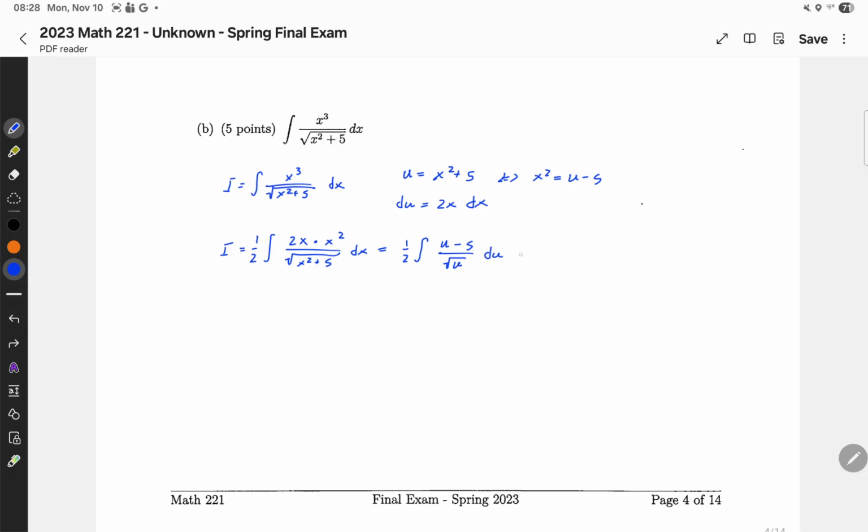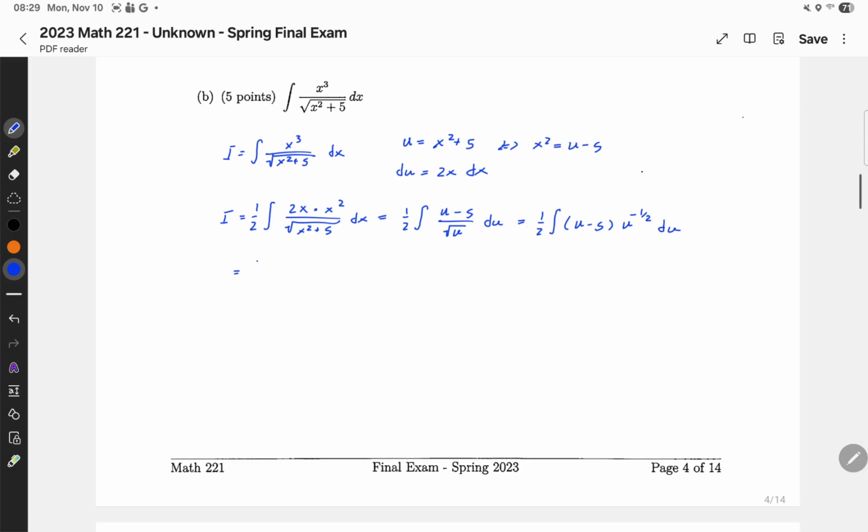Perfect. Okay, so now let's simplify this just a little bit. We can rewrite this as 1/2 times the integral. I'm going to bring this 1 over square root u up by writing it as u minus 5 times u to the minus 1/2, du. Let's distribute that.